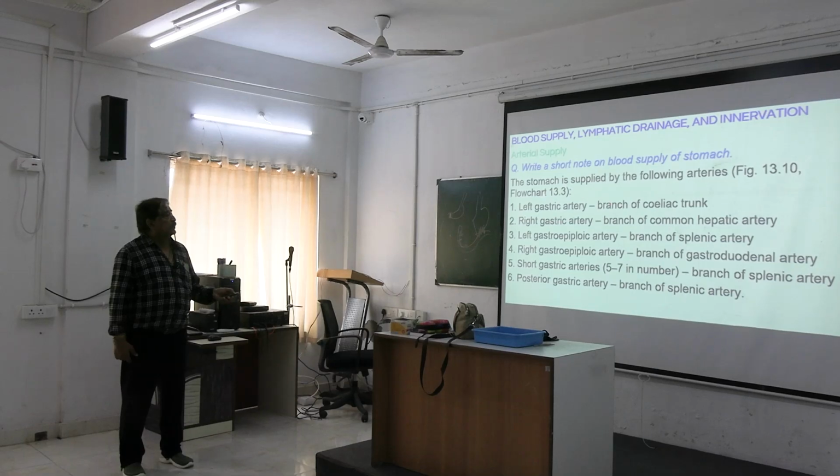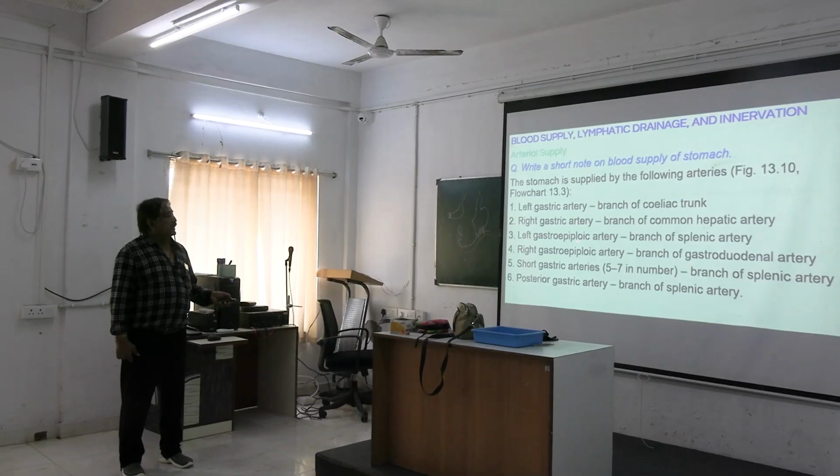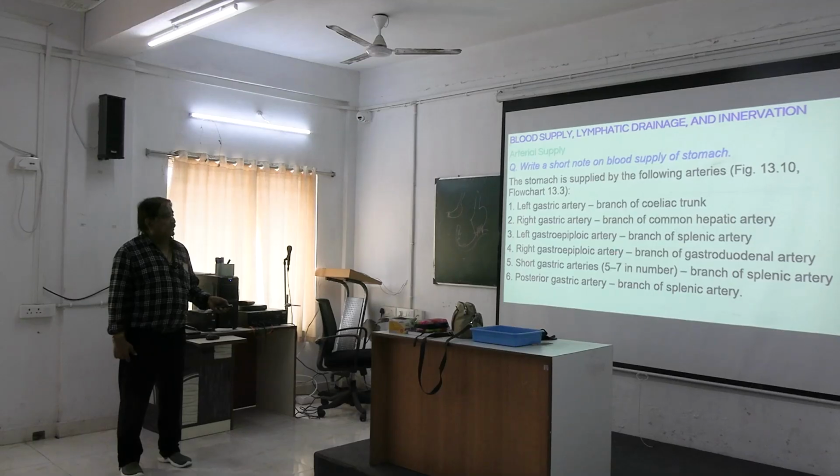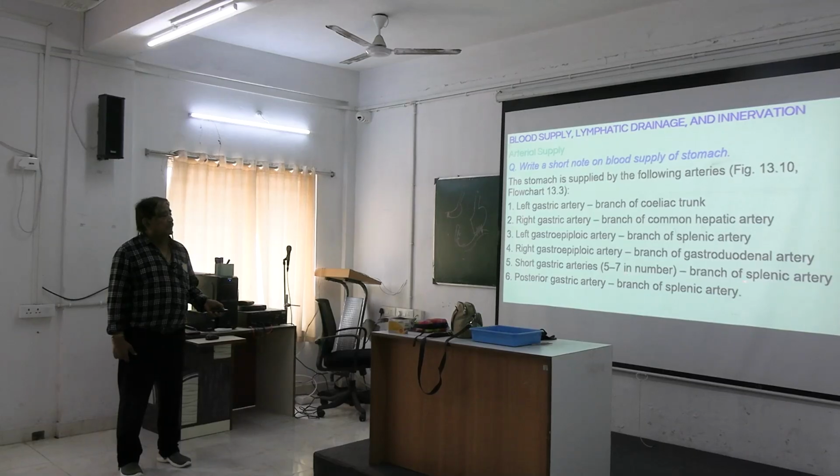Now branch of left gastric, celiac trunk, branch of common hepatic artery, left gastroepiploic, branch of the splenic artery, right gastroepiploic artery, branch of the gastroduodenal artery, and short gastric arteries, 5 to 7 in number, branch of the splenic artery, posterior gastric artery, branch of splenic artery.